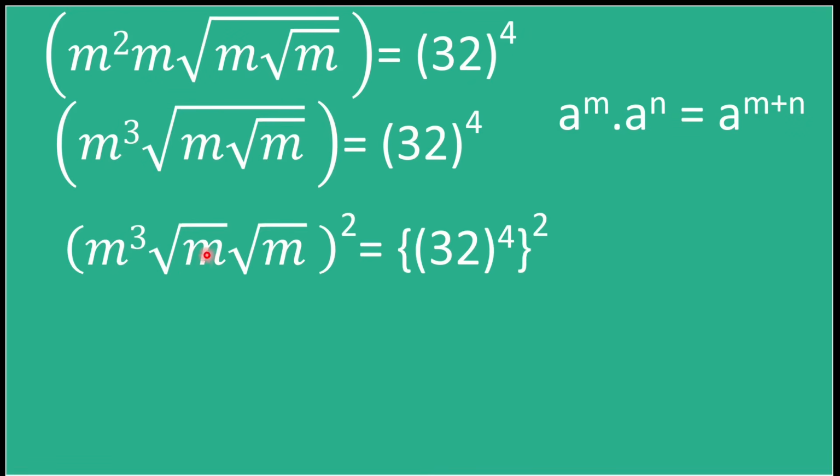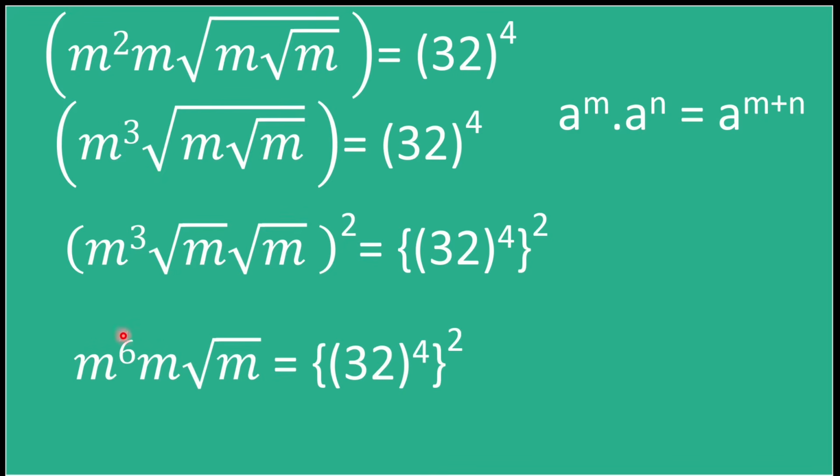And now after taking square on both sides again, this square will multiply with this power, so it will become m power 6. And this square will cancel this square root. So this equation will become m power 6 into m. This m will come out of the root, and then the square root of m, and here we have 32 power 4 all power 2.